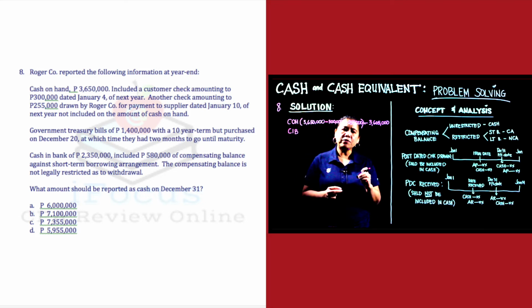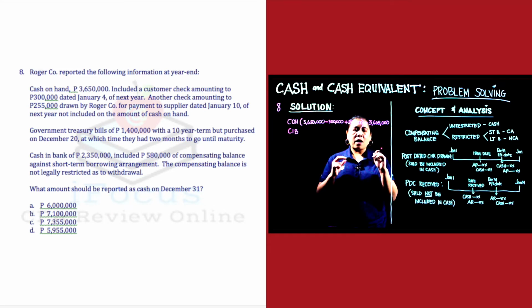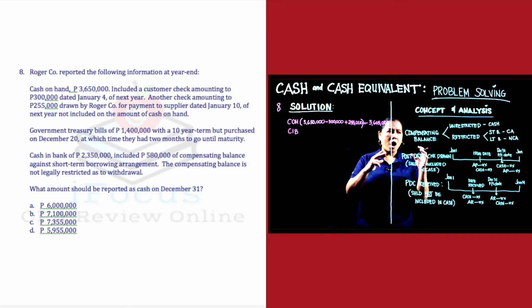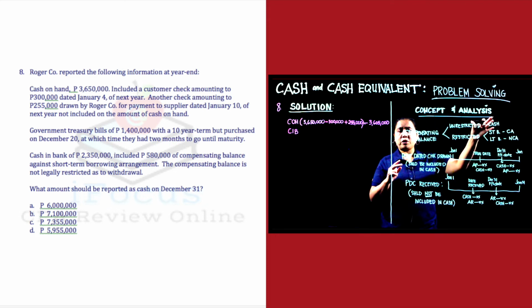2,350,000. Included 580,000 of compensating balance against short-term borrowing arrangement. The compensating balance is not legally restricted as to withdrawal. So, ang compensating balance kapag unrestricted siya, kasama siya sa cash.